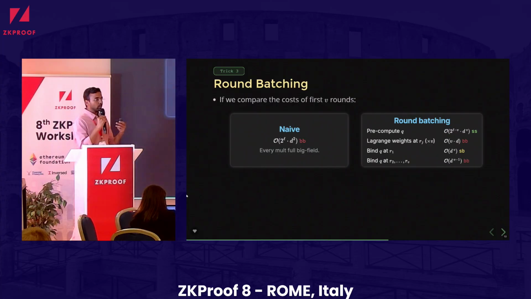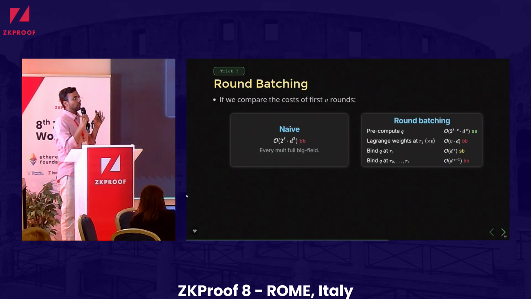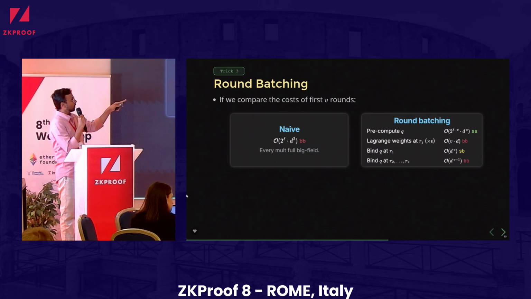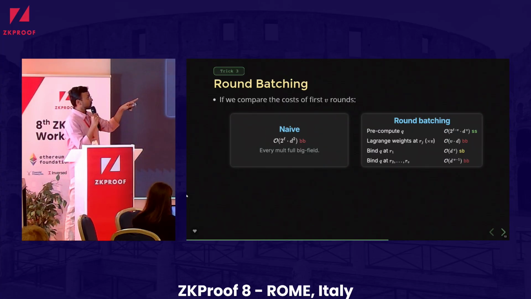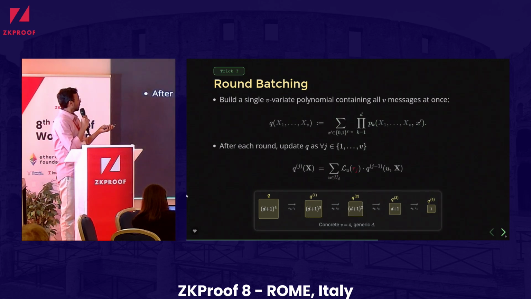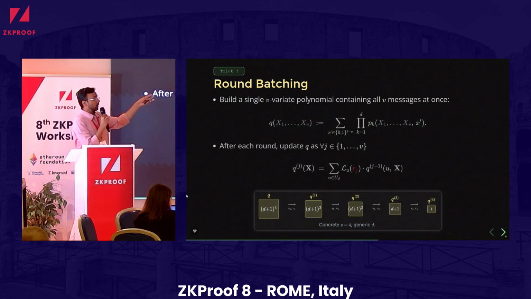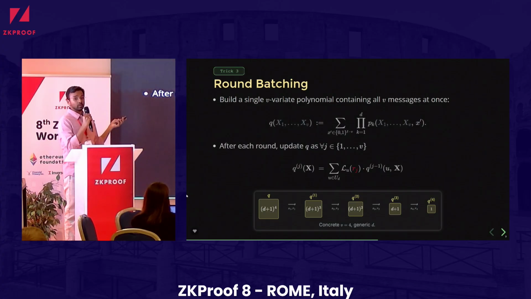But with this round batching, we avoid these big multiplications and trade them for small multiplications. For pre-computing this Q, we only use small multiplications, because if you remember the equation of Q, all of these multiplications, pk, are small field elements.